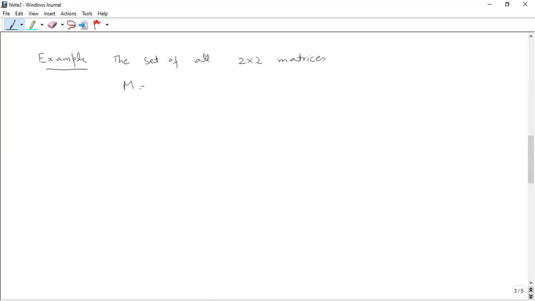We denote it as M, and that is the set of all matrices with real entries. And this M is a group under the component-wise addition or matrix addition.